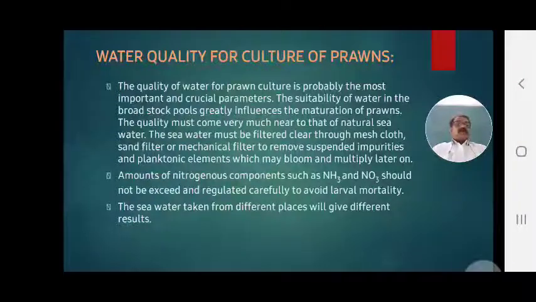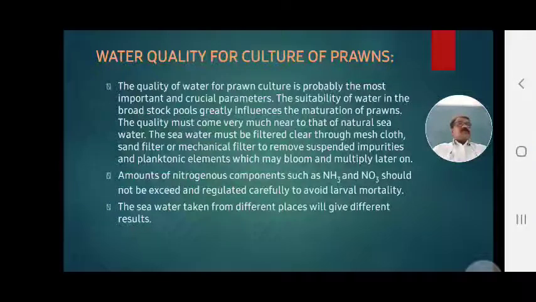Those impurities, debris, waste material and unwanted material must be filtered clear through mesh cloth, sand filter or mechanical filter, to remove suspended materials, waste debris and planktonic elements which may bloom and multiply later.